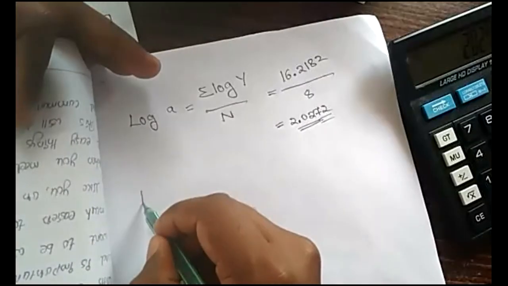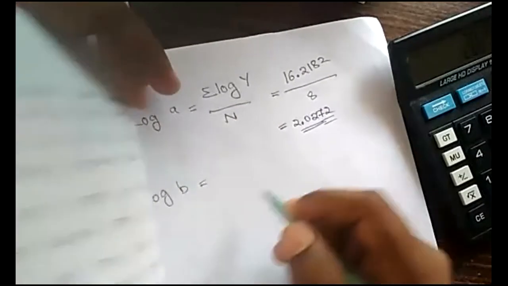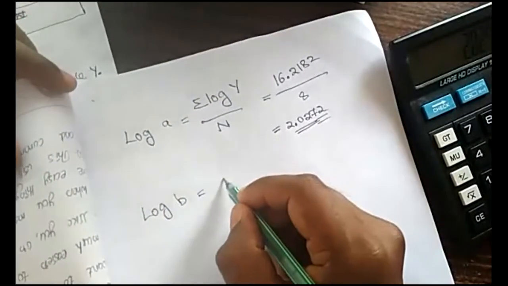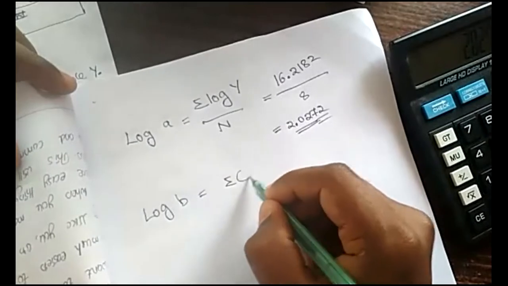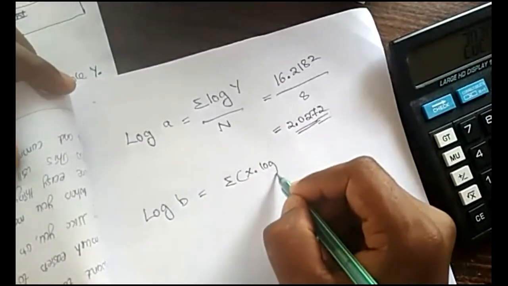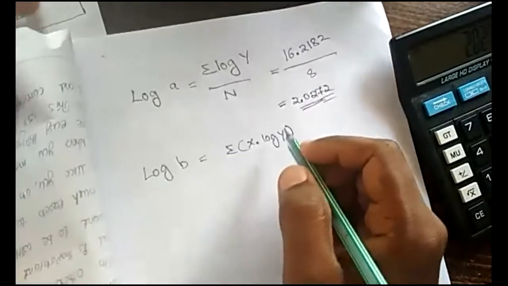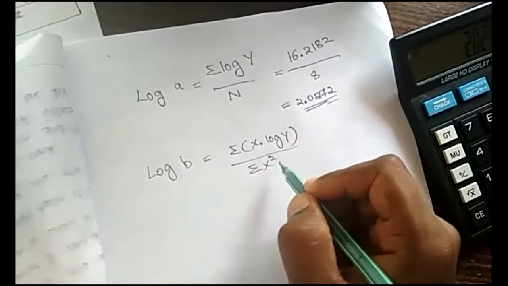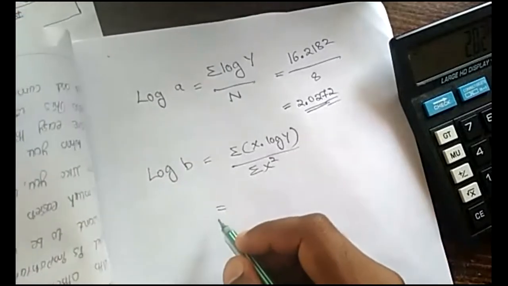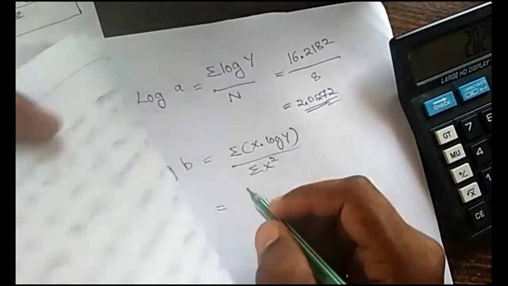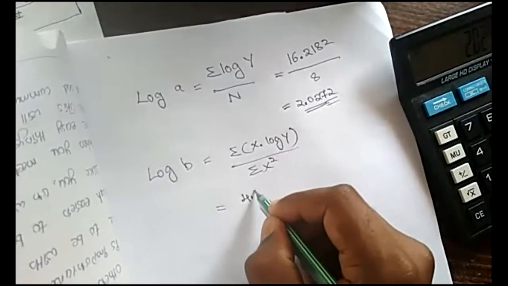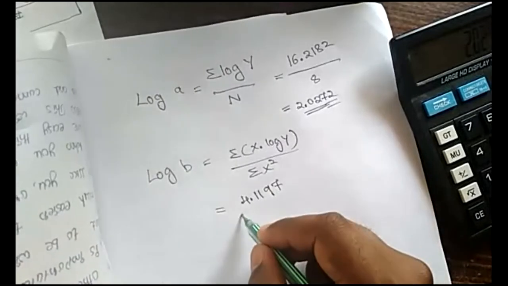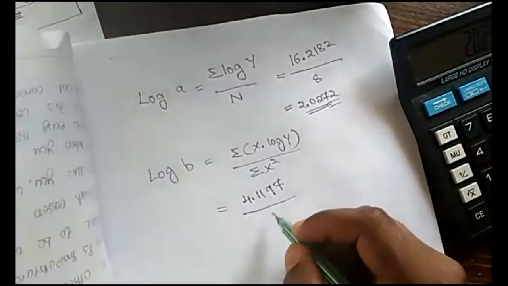Then log B. Log B is equal to sum of x into log y divided by sum of x square. Sum of x into log y is 4.1197 and x square is 42.